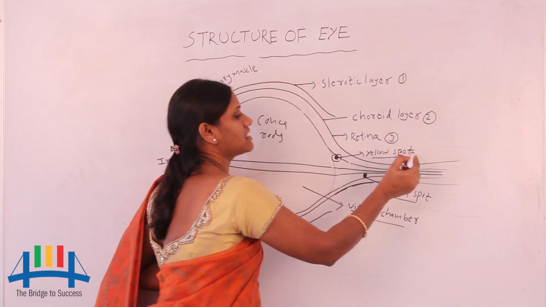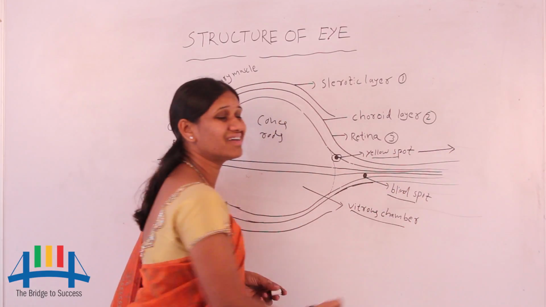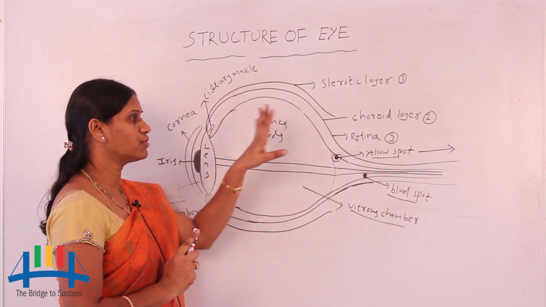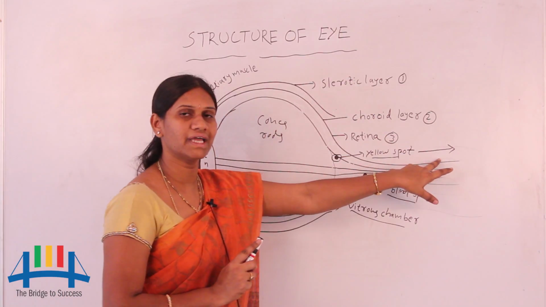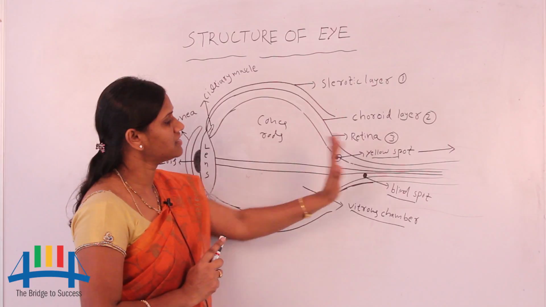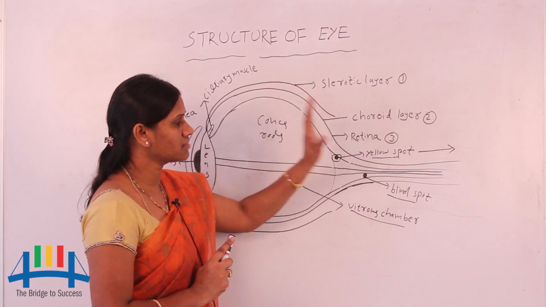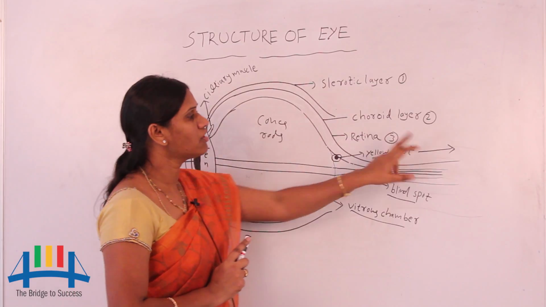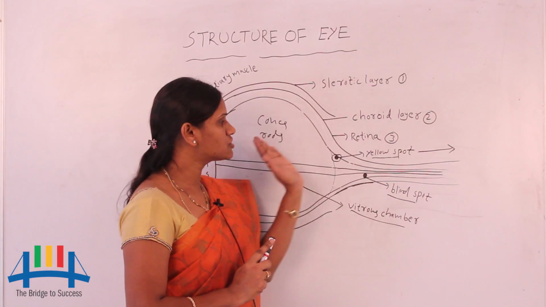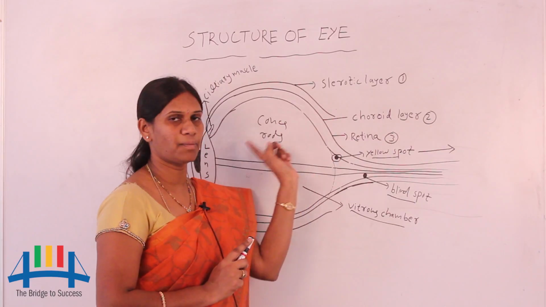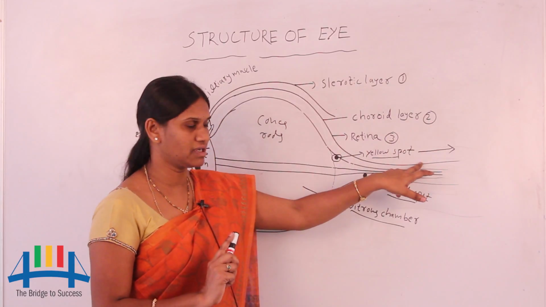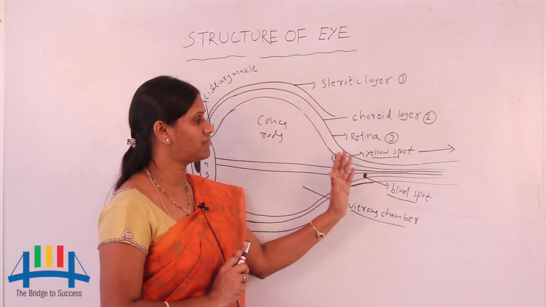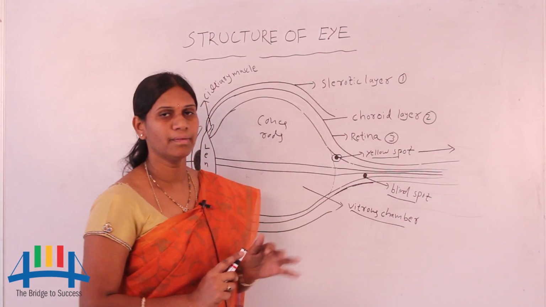From the yellow spot, one nerve, the optic nerve, passes the information from the eye to the brain. The optic nerve is connected to the yellow spot, and immediately the information is passed from the eye to the brain.